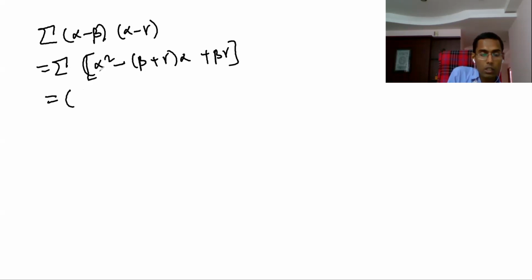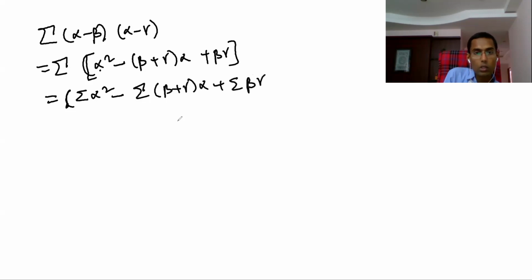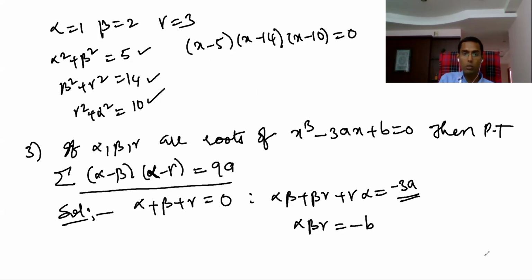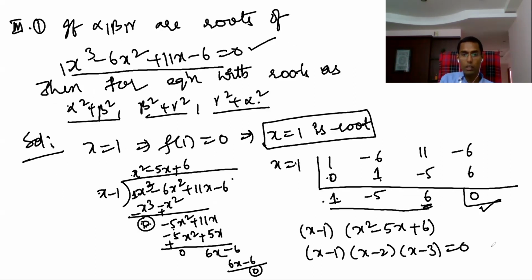If I expand here, I'll write summation alpha square minus summation beta plus gamma times alpha, plus summation beta gamma. If you observe, summation beta gamma is beta gamma plus alpha beta plus gamma alpha. So this is very clearly minus 3a. So I'm going to write here minus 3a.